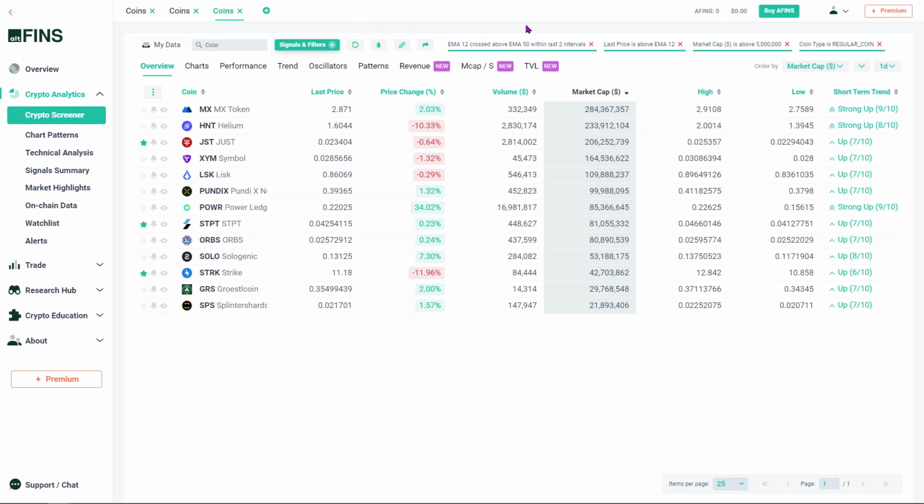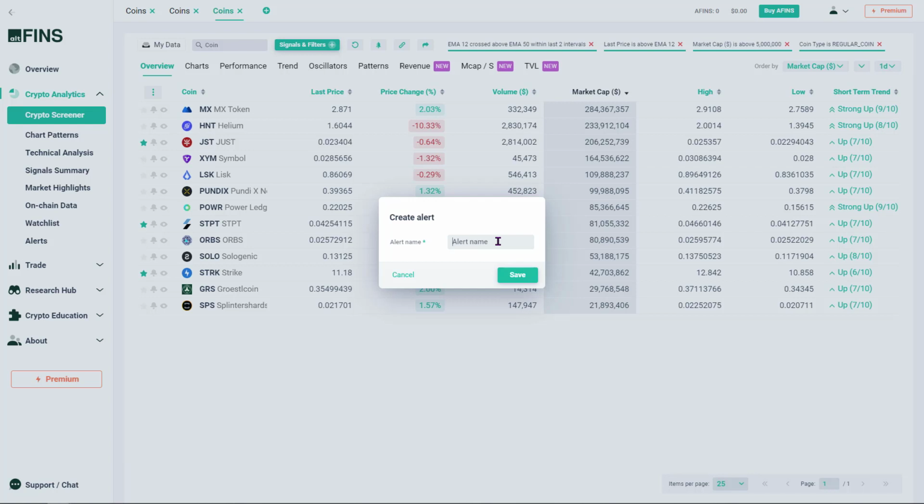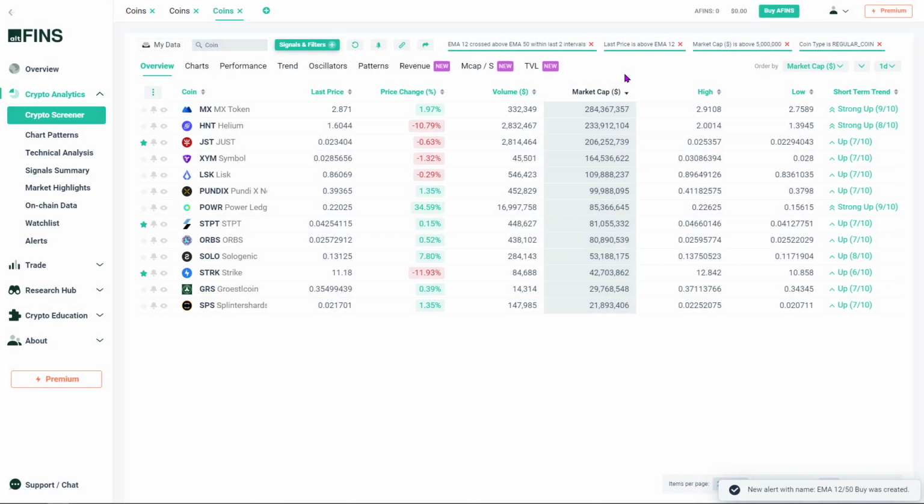By the way, with this market scan applied, I can also do another thing, which is basically create an alert for it. Say, alert me when this bullish crossover happens. That way I get emails as well as alert notifications on the platform with the list of tokens or list of assets that satisfy this criteria.